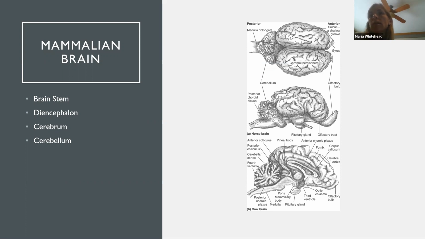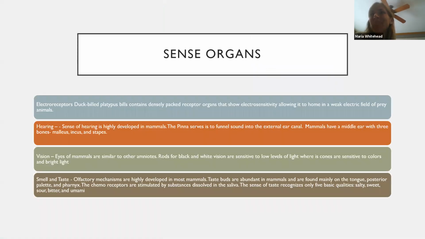And I'm actually going to let you spend a little more time reading up on the function of the different parts of the brain for time efficiency of this lecture.